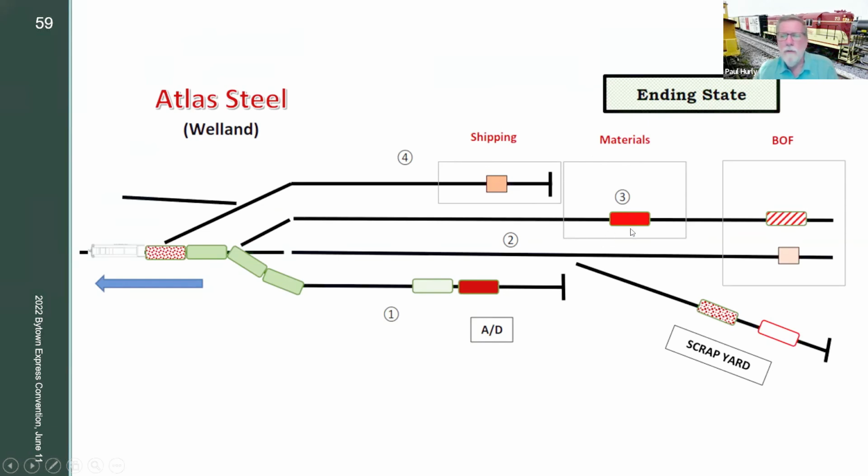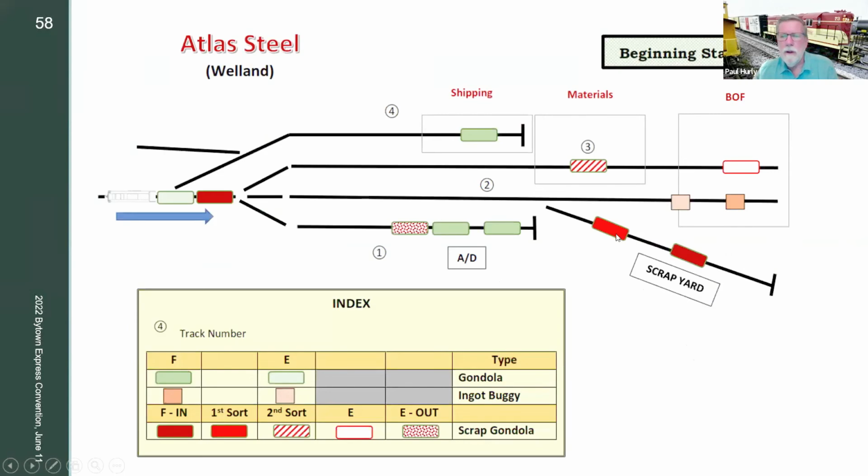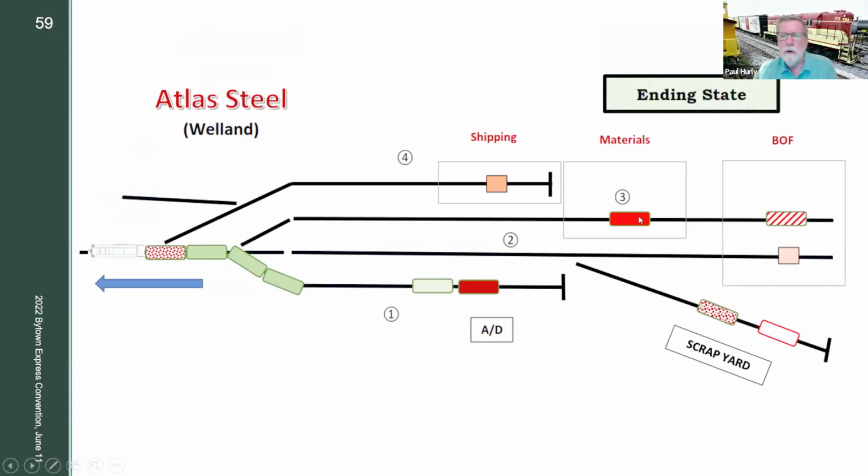The scrap car from the yard that's full of first sort has come up to materials where it'll go through a second sort, and then a basic oxygen furnace has a load ready to charge the furnace, and an empty buggy waiting for a pour.